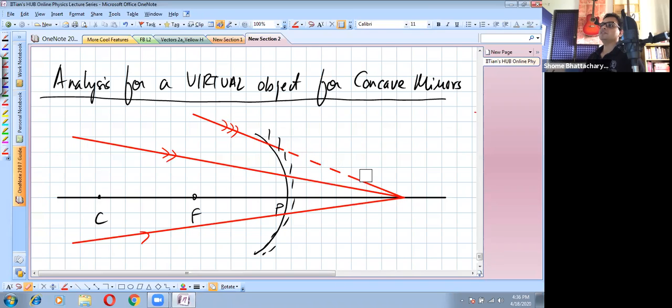Then that point where they appear to be intersecting, when you forcefully produce them back, that imaginary point is called the virtual object. So this is an example of a virtual point object.